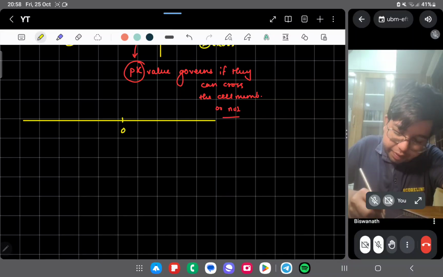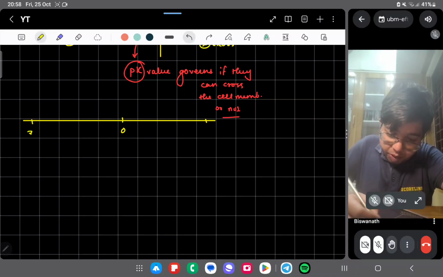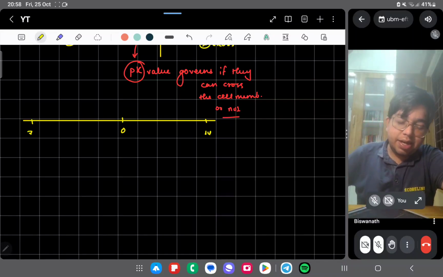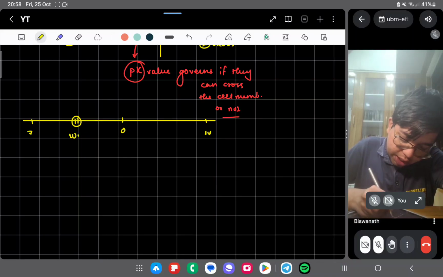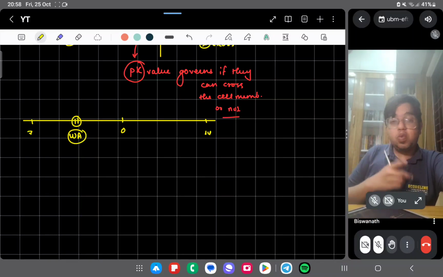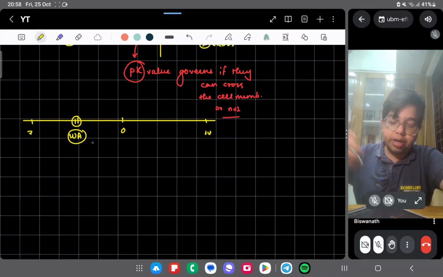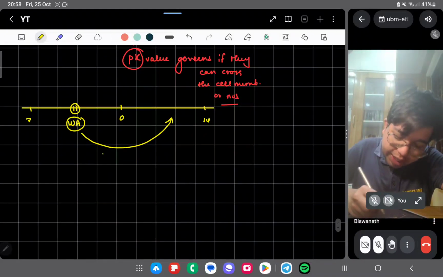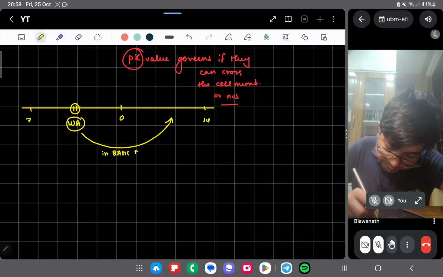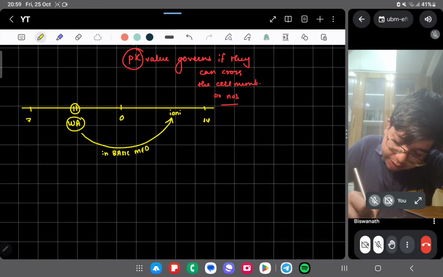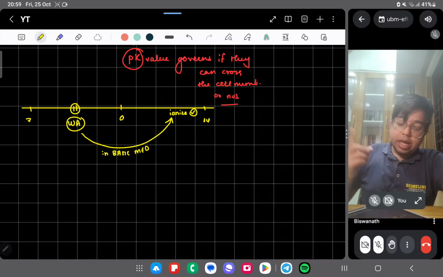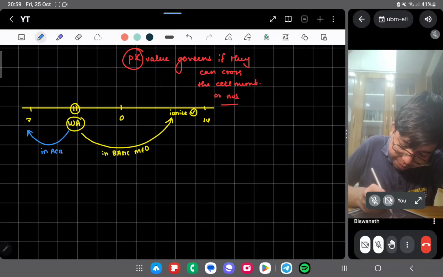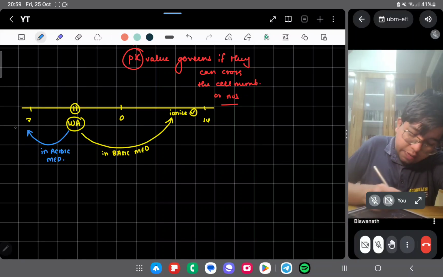I made you graph 0, 7, 14. Let's take a weakly acidic drug. If you put this weakly acidic drug in a basic medium, it will ionize. If it is put in acidic medium, it will not ionize.